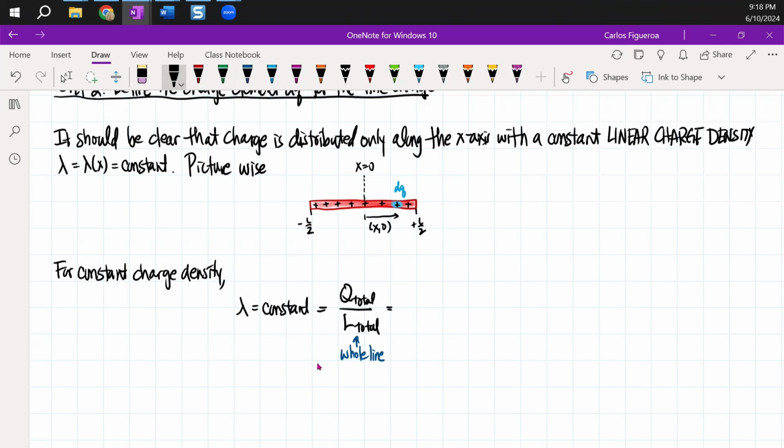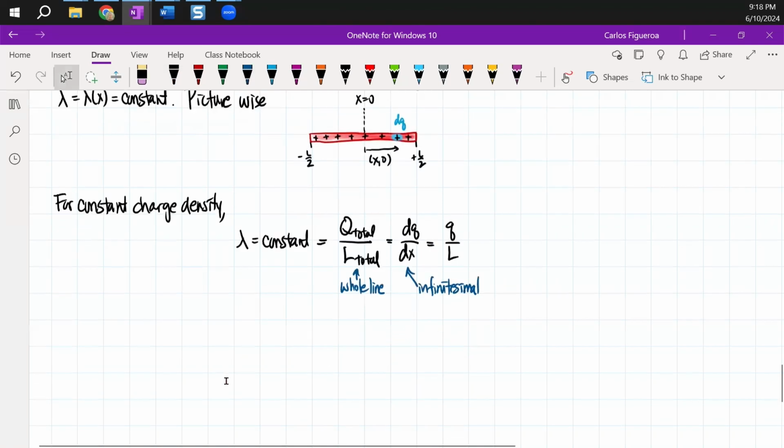So that means that if I look at a charge element dq, it is contained within a distance dx. The key thing here is that this is an infinitesimal distance. But if the total charge of the line is q and the total length is l, then I know what that charge density is.